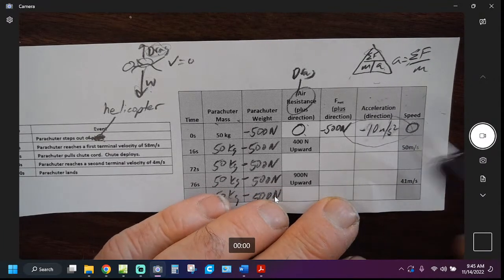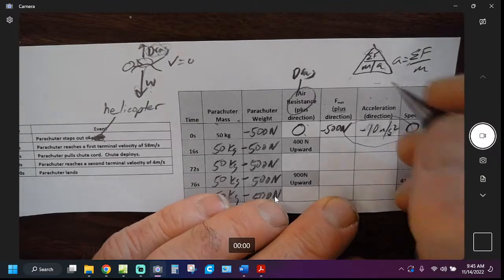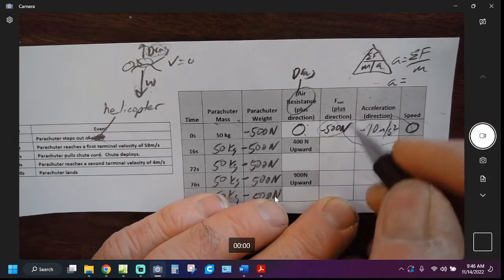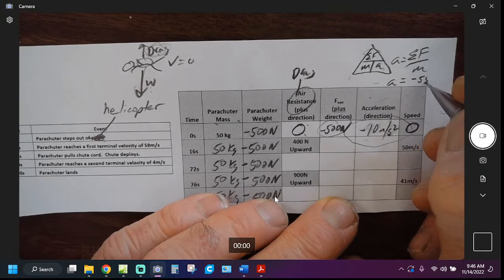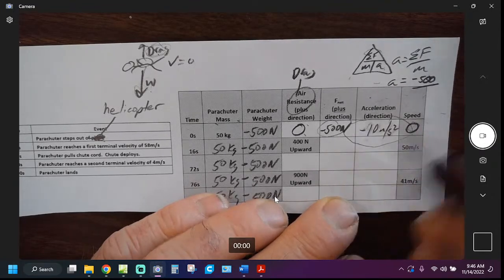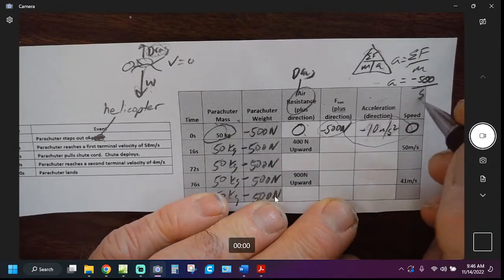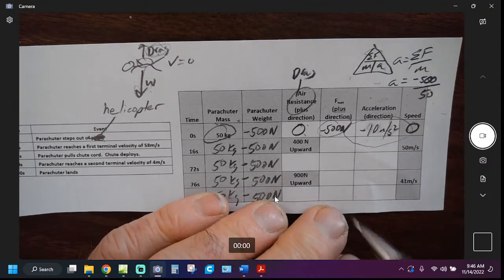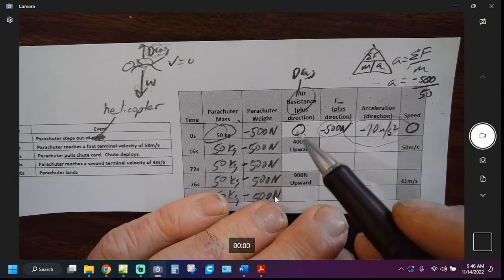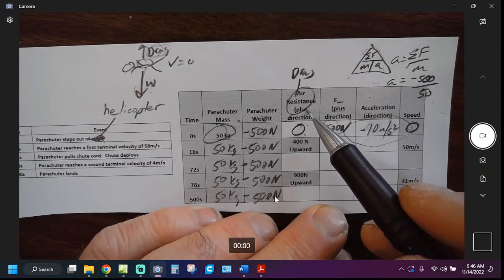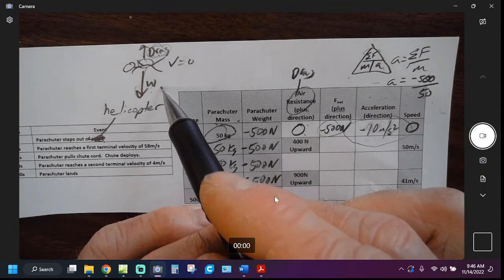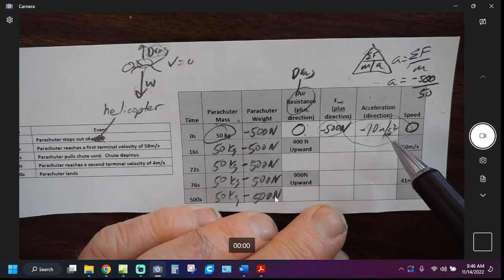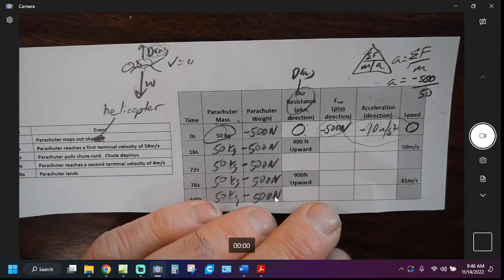So if I wanted to use this equation, the acceleration equals the net force, which is negative 500, divided by the mass, which is 50. So negative 500 over 50 is negative 10. But you can also just know if there's no air resistance and the only force is your weight, then you're in free fall. In free fall, your acceleration is negative 10.